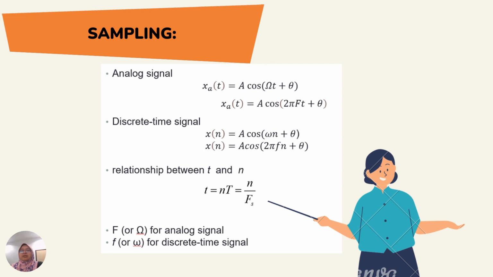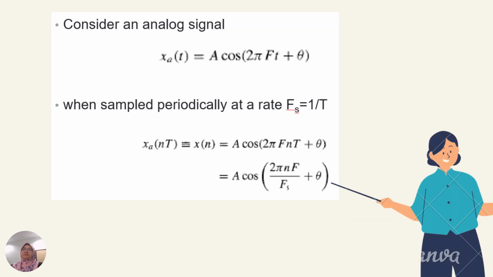Remember that the discrete signal is denoted by n, which is the sample number. The relationship between the analog and the discrete time signal is given by t equals nT equals n over Fs. So n is the sample number over the sampling frequency.